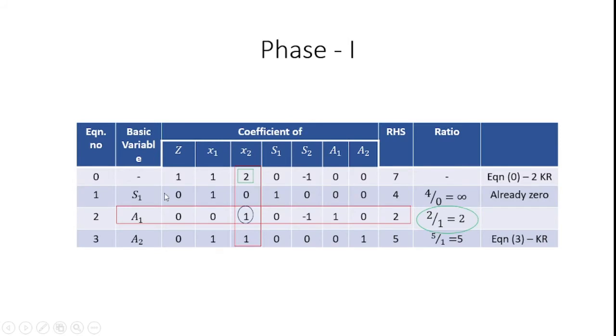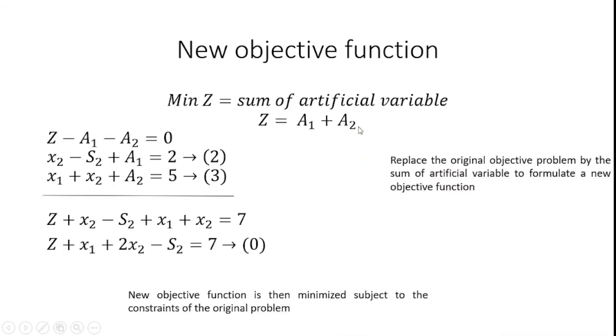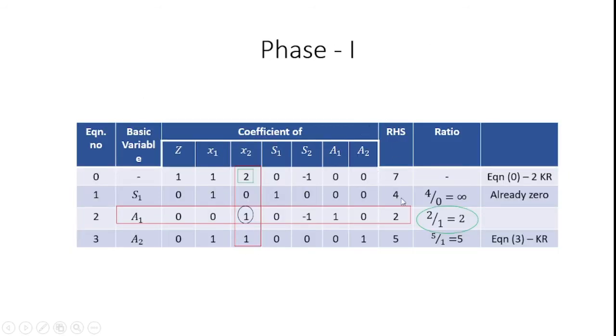Z is 0 already, X1 is 1, X2 is 0, S1 is 1, S2 0, A1 0, A2 0, and the right hand side of constraint equation 1 is 4, so I assign 4 in the corresponding cell.